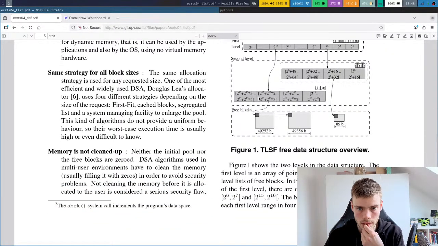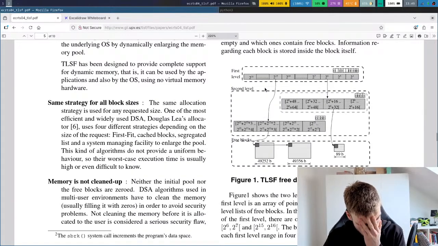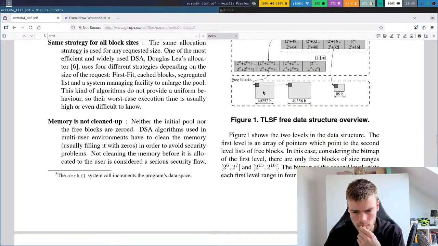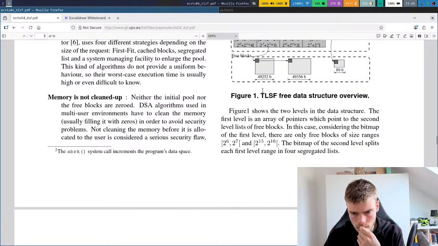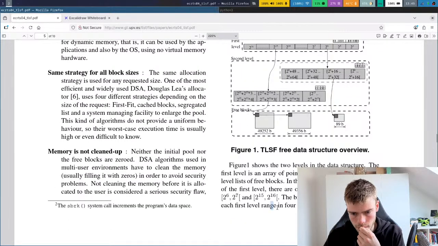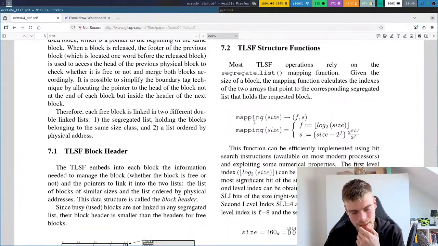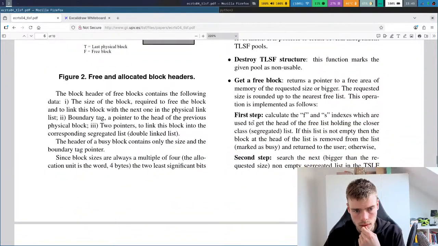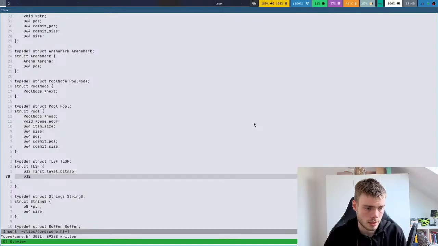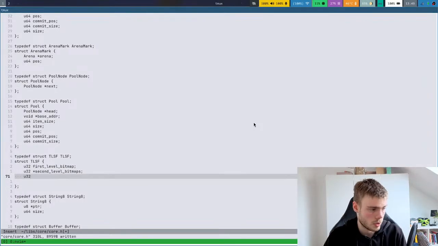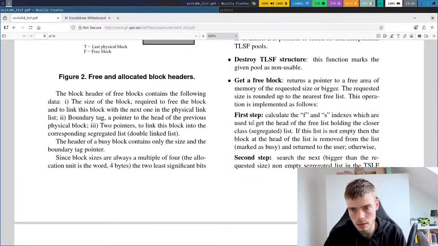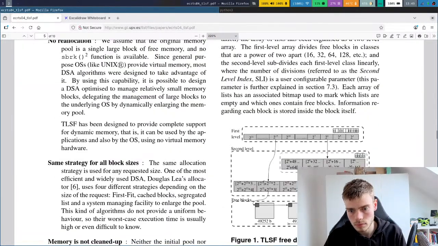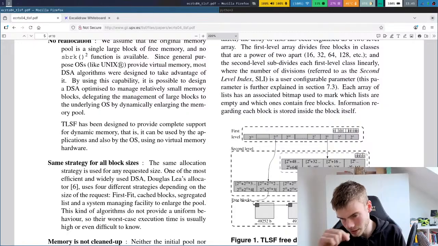Okay, we have second level bitmaps, and then we have this thing, an index.